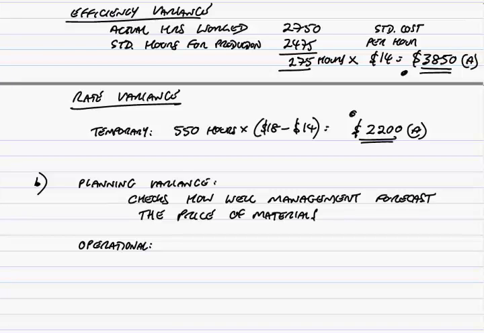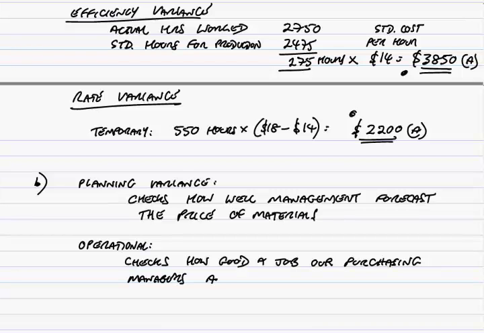Realistically, we should have spent 85. If our purchasing people only paid 80, they've actually done rather well. So operational, it checks how good a job our purchasing managers are doing.